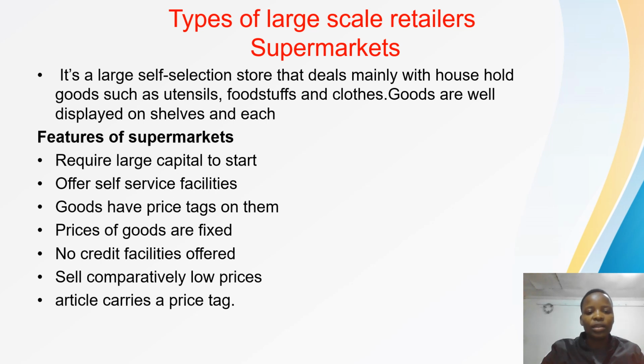Now, let us check on the features of supermarkets. They require large capital to start. Generally, a supermarket is a large-scale retailer, and hence the initial capital which is required to start and run such a business is large. They offer self-service facilities. Their customers always serve themselves.